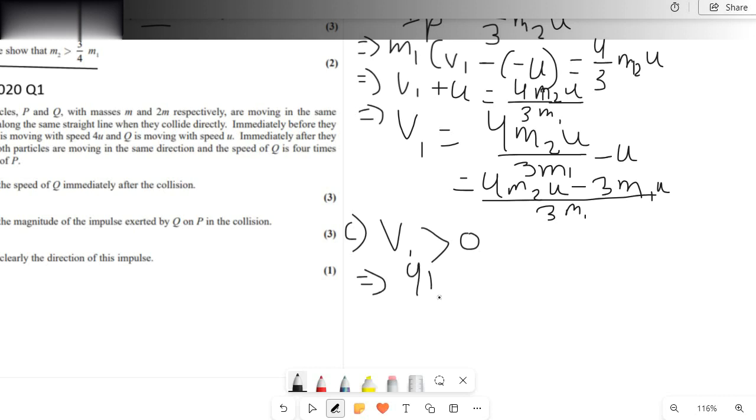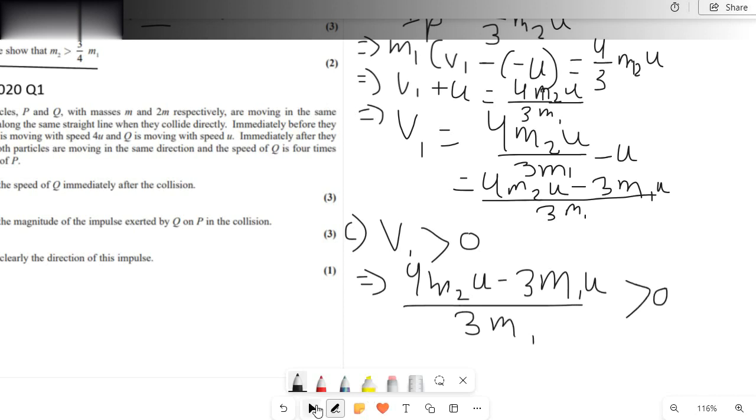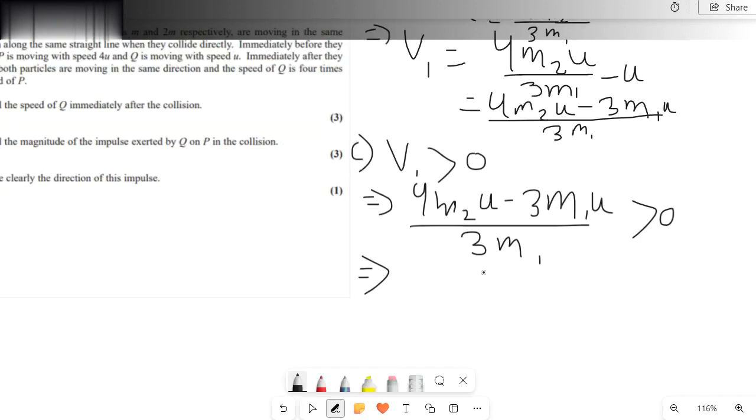Substituting the expression we have for v1, (m2 u minus 3m1 u) all divided by 3m1 is greater than 0. So we can multiply both sides with 3m1 and we will get m2u minus 3m1u is greater than 0.